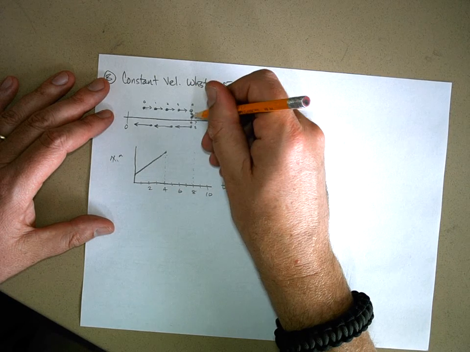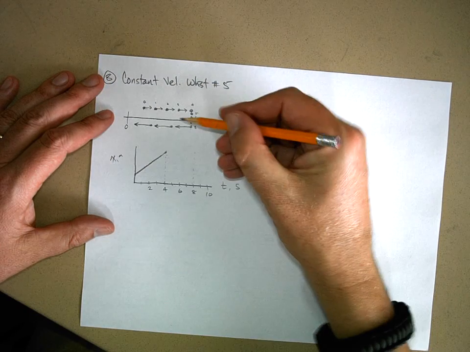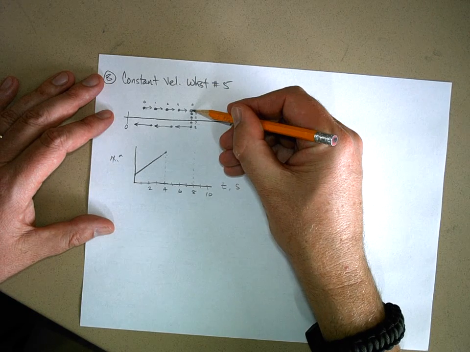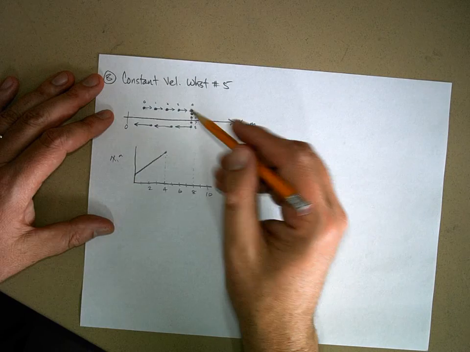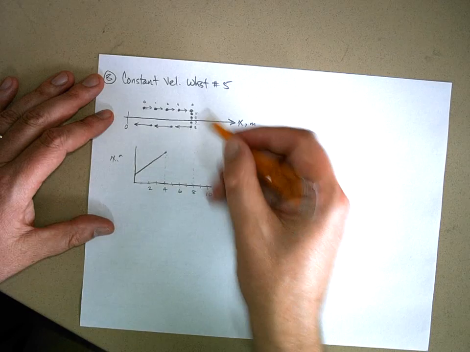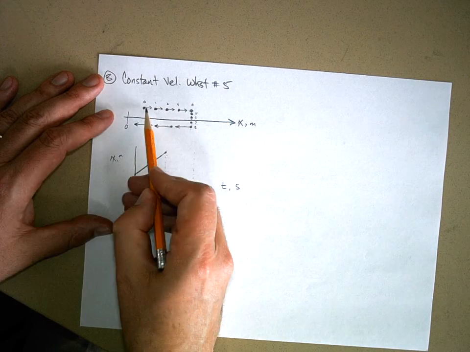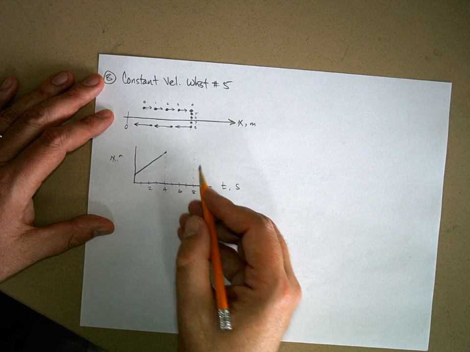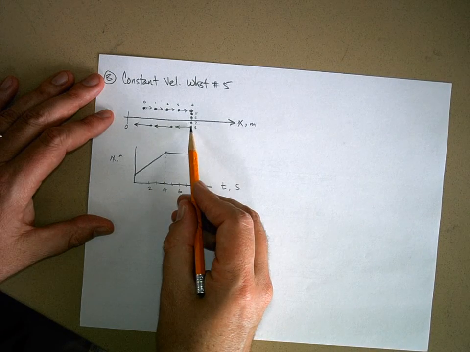Why did I stack the dots like this? So I could see how many seconds I was at this location. And then I went backwards like this. So I'm not traveling down. All I'm doing is going to the right, stopping for a while, and then going back to the left. So this is going to be 0. And then what do I got?